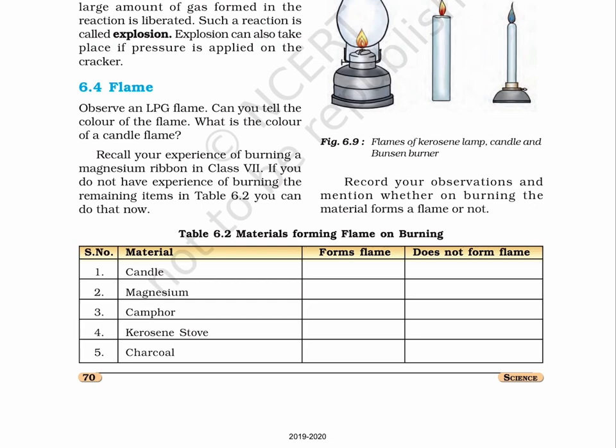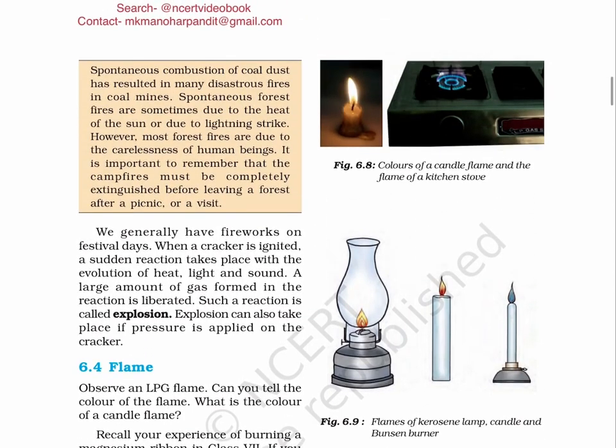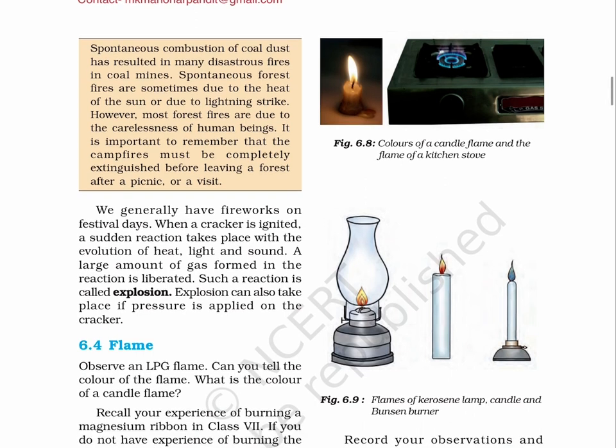Figure 6.8. Colors of a candle flame and the flame of a kitchen stove. Figure 6.9. Flames of kerosene lamp, candle, and Bunsen burner. Record your observations and mention whether on burning the material forms a flame or not.